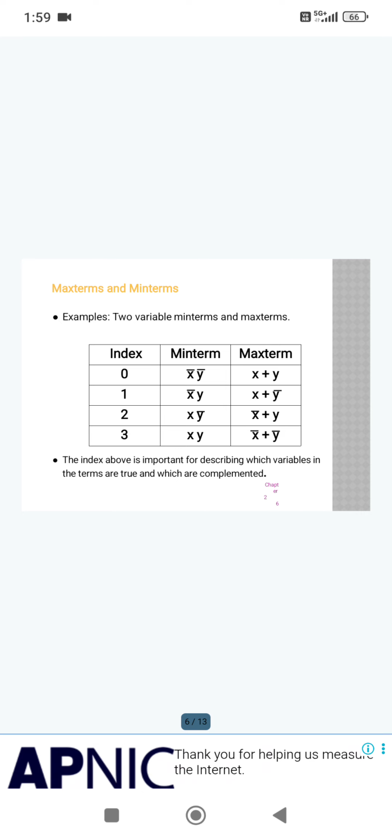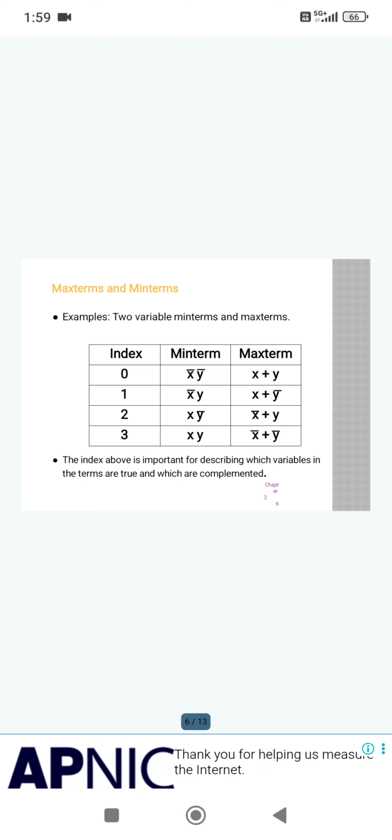So what is the difference between minterm and maxterm? Here we are taking two variables, so the two variables are considered in minterm and maxterm. Okay, so index is 0, 1, 2, 3. So for minterm and maxterm, 0 is for minterm x bar y bar.